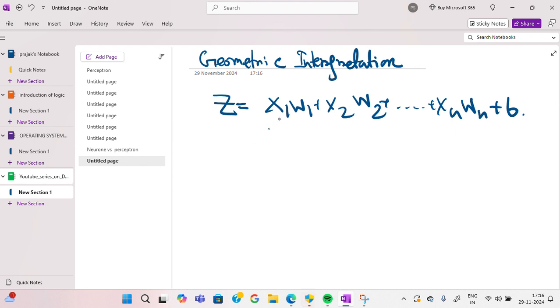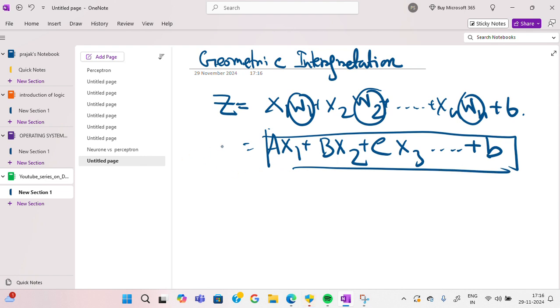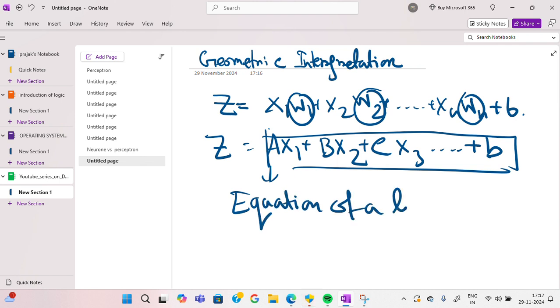If I consider w1, w2, wn and x1 as x, y, z, we can write it as a x1 plus b x2 plus c x3 and so on, plus b. This is nothing but the equation of a line. So here this is the case.